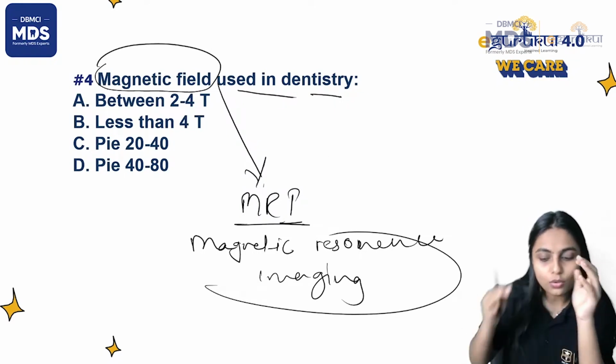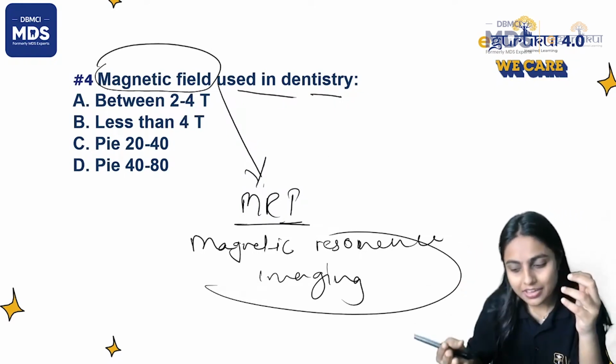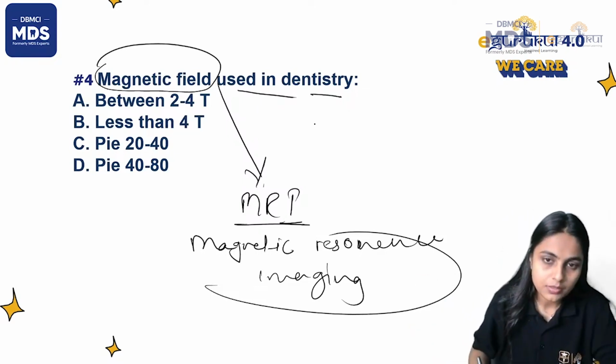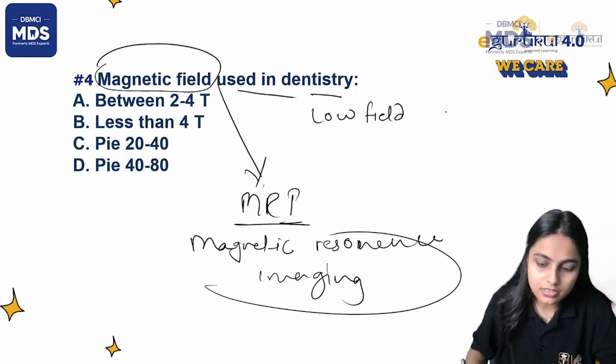Now, there are low field MRI scanners, high field MRI scanners, and ultra high field MRI scanners. Low field MRI scanners use a magnetic field of about 0.23 to 0.3 Tesla.